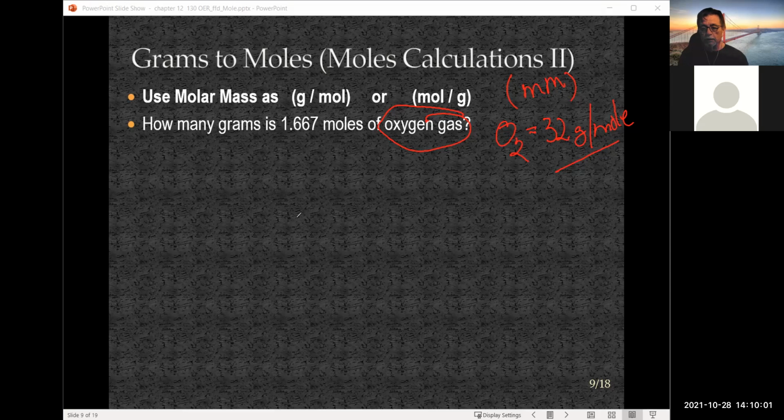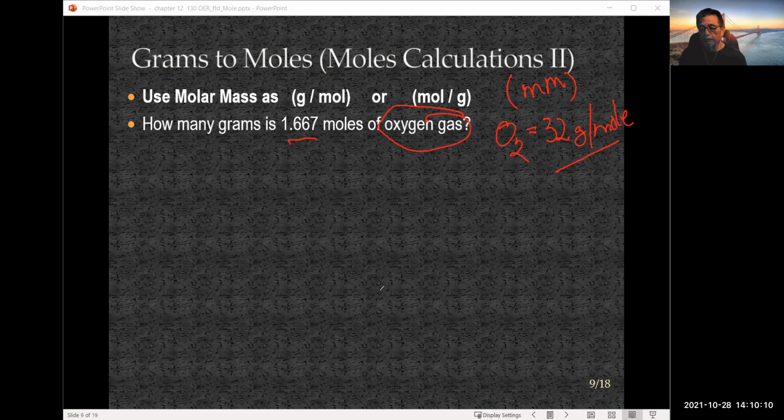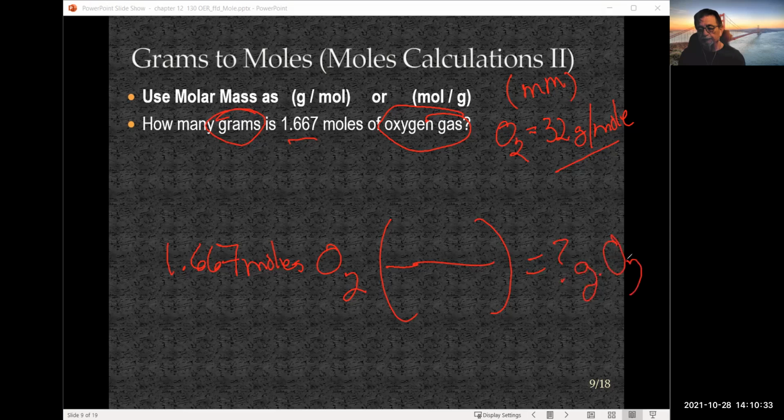All right, so as always, we write down what we're given and what we're looking for. And so I'm going to do this one problem, and then we'll stop here. So we are given 1.667 moles of oxygen. Obviously I'm going to have a conversion factor of some sort, and I'm trying to get to grams, so I'm looking for grams of oxygen.